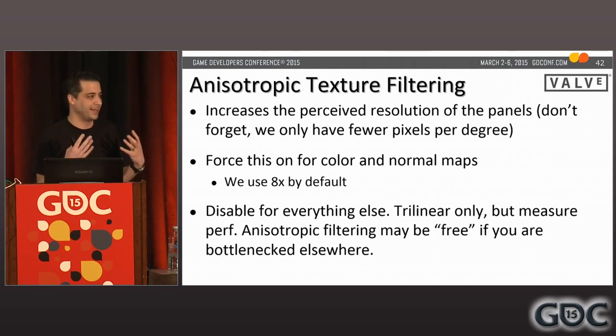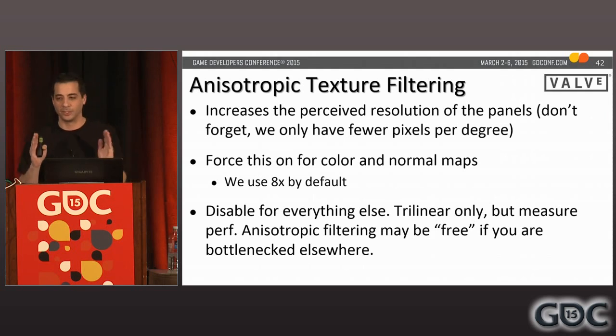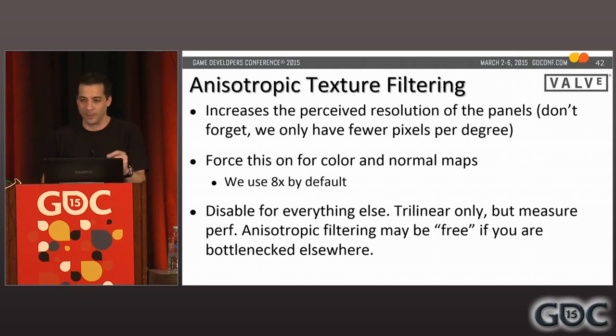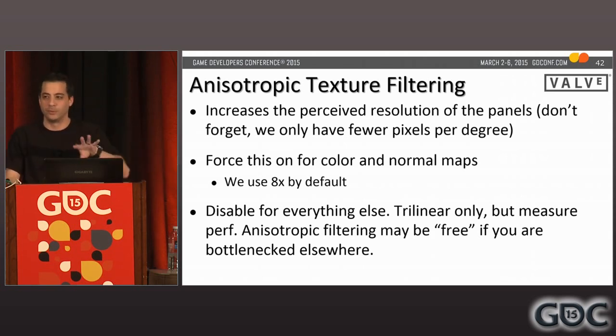Your brain buys into thinking you're looking at a higher res panel. Absolutely do this. You can crank anisotropy up and crank that render target scaler down, and find a balance where it feels like the same res and is much cheaper to render. Definitely play around with it. We have it turned off for everything else, though. Everything else gets trilinear, because it makes no big difference visually. We have to keep our performance as high as possible.